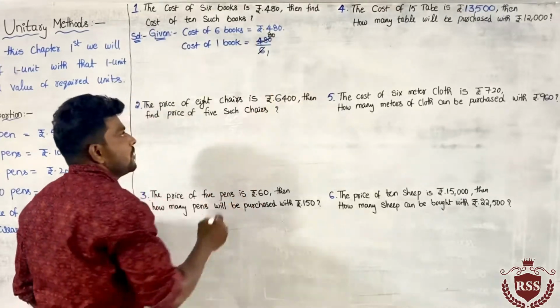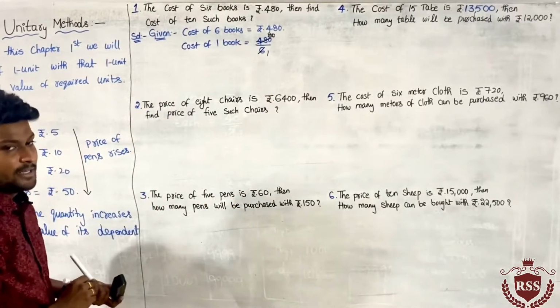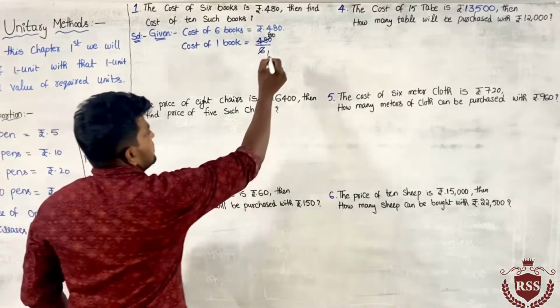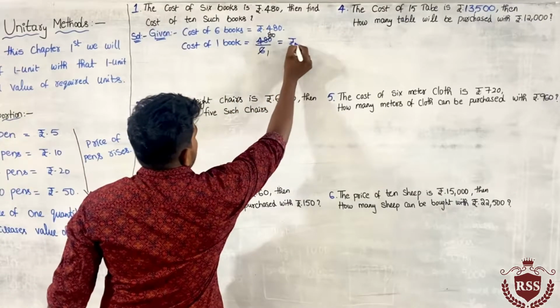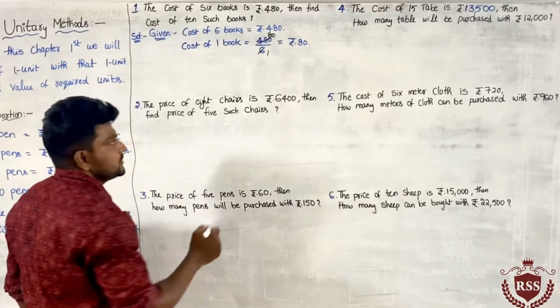So each book costs rupees 80. We got the cost of each book is rupees 80.